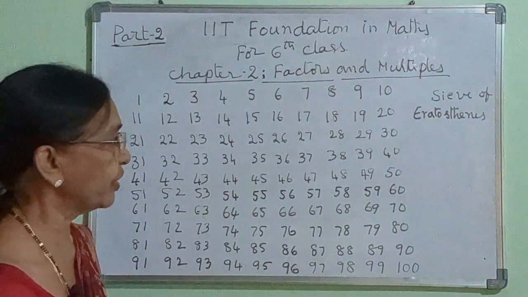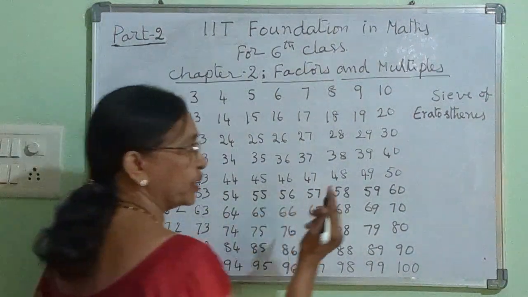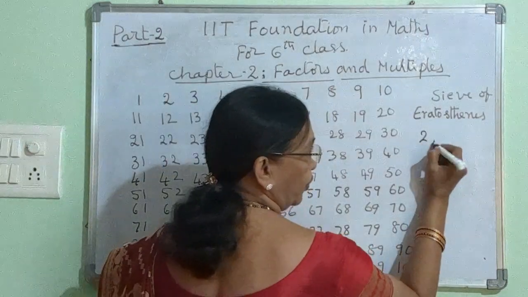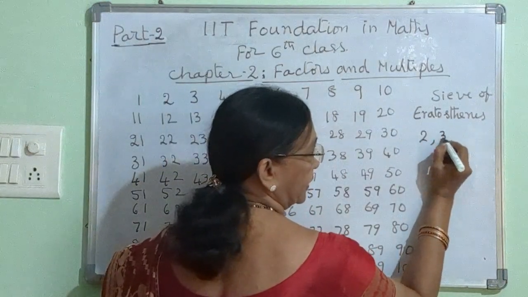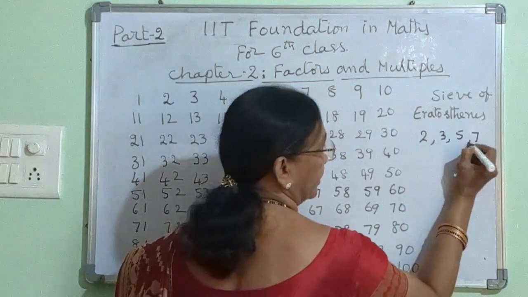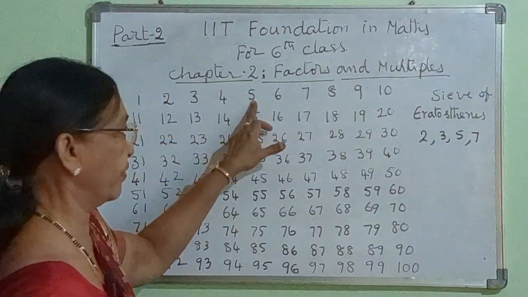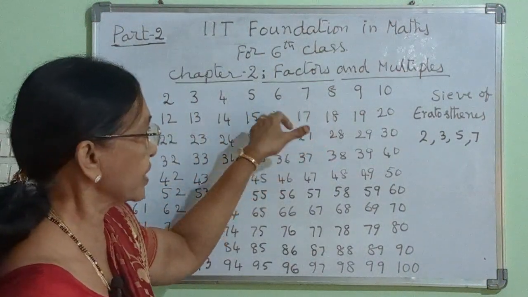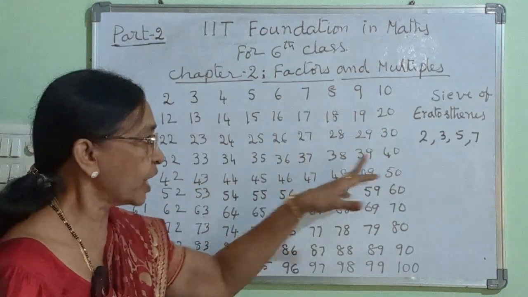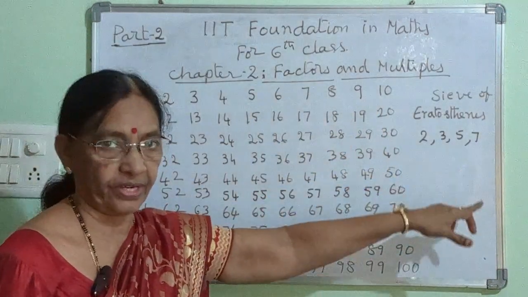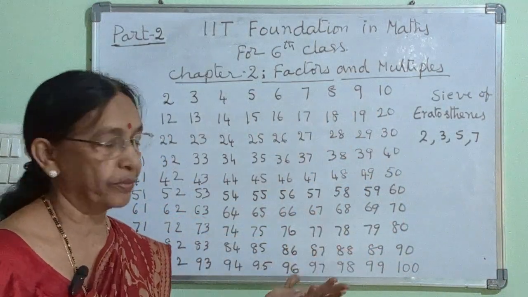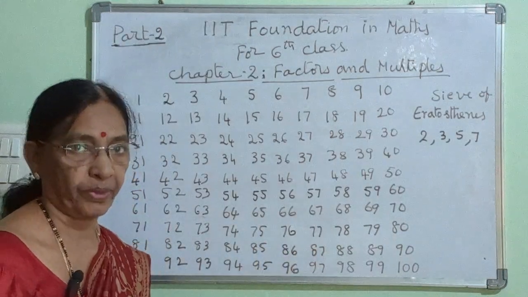Then we will strike out the multiples of the first four prime numbers, 2, 3, 5 and 7. After that we will strike all the numbers which are multiples of 2, 3, 5 and 7. Then the remaining numbers are the prime numbers.